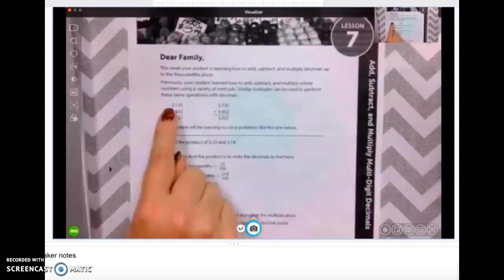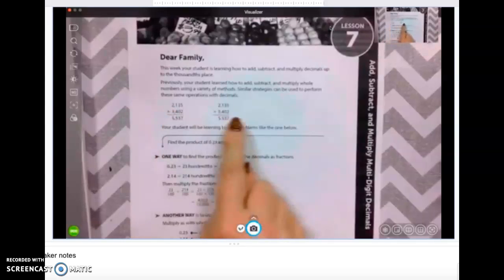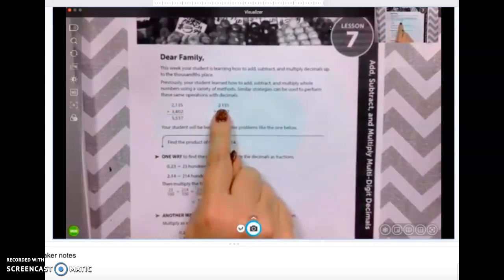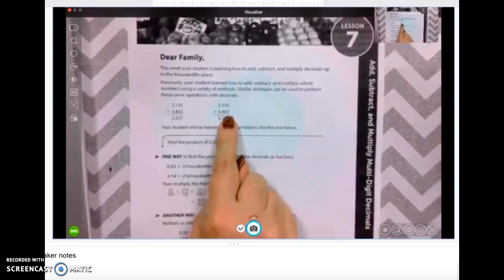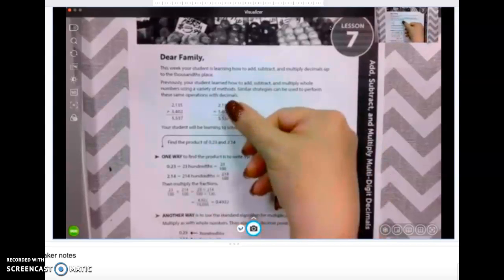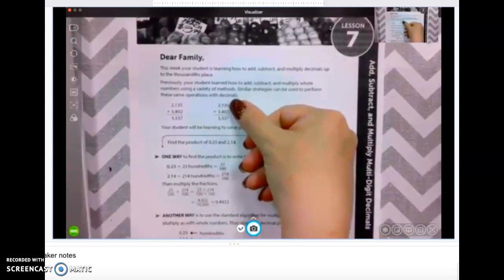Instead of having 2,135, this gives us 2 and 135 thousandths plus 3 and 402 thousandths. So they had to line up the thousandths places for the 5 and the 2. They had to line up the hundredths places for the 3 and the 0.